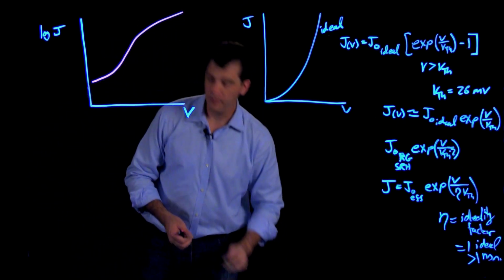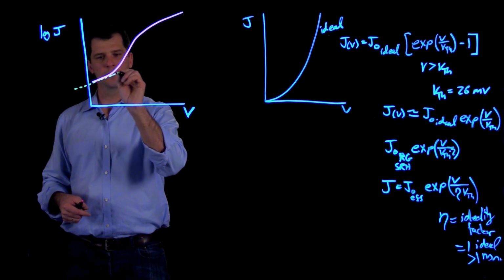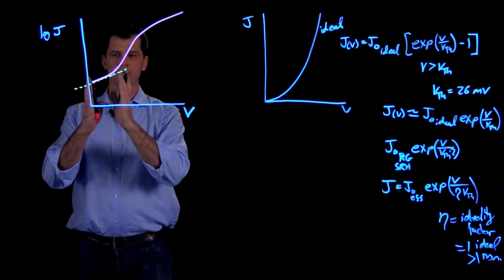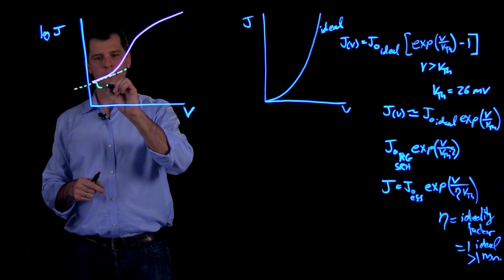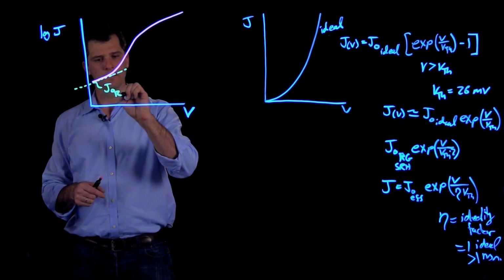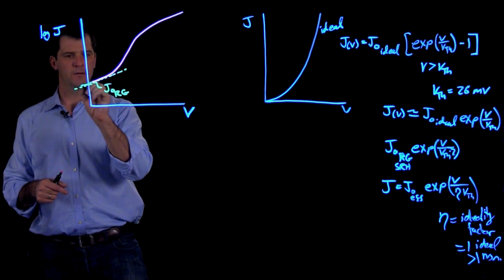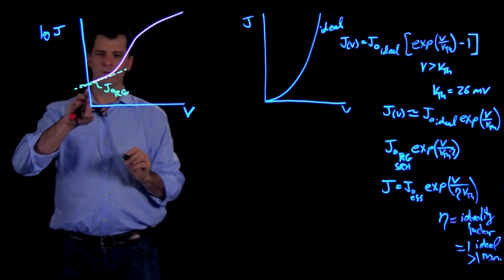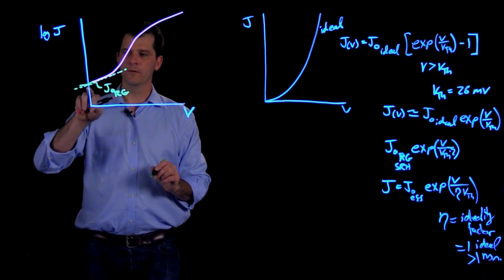Now we can take slopes at the different regions, and it turns out for small forward biases, we're dominated by the J naught recombination. And in fact, we can read off that J naught from the intercept of this tangent line with the axis.